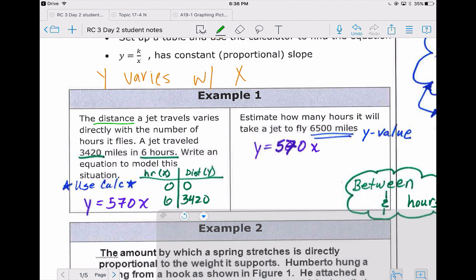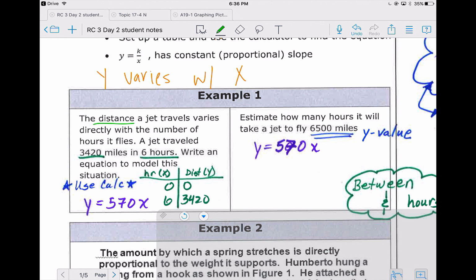So for example 2, we have an amount by which a string stretches is directly proportional to the weight that it supports. So the amount of stretch is my y because that goes before the word direct. So this is my y and weight is my x. Humberto hung a spring from a hook as shown in figure 1.